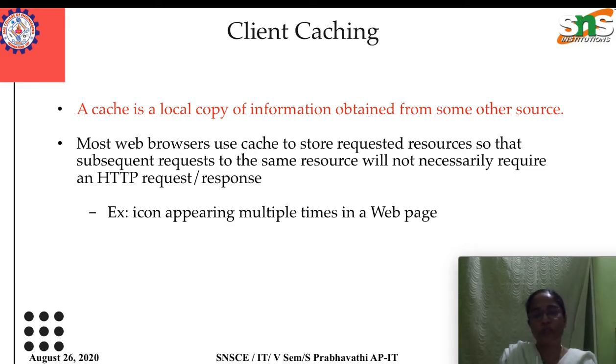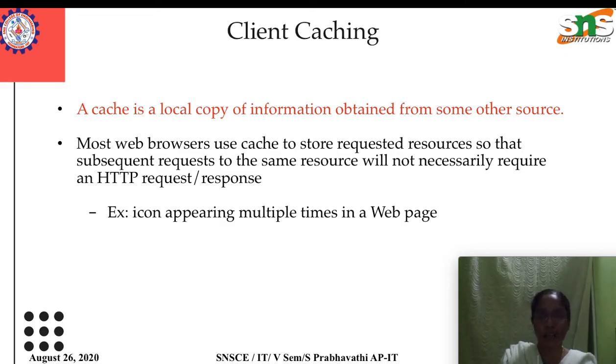Suppose in the future I request that page again, there is no need to unnecessarily download it from the server. Instead, our local machine will respond back to that request. So it will be easier, no traffic jam, and the response will be quick. For that purpose only, the client web browser uses a cache repository.